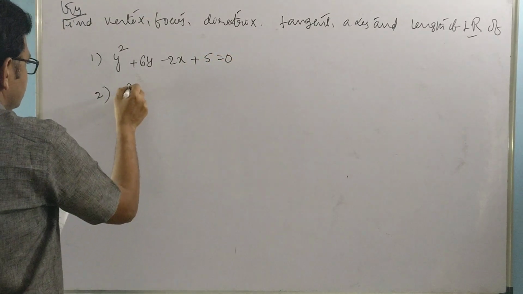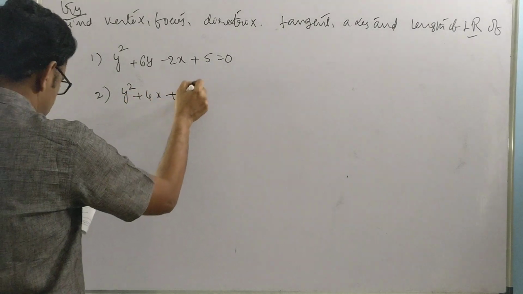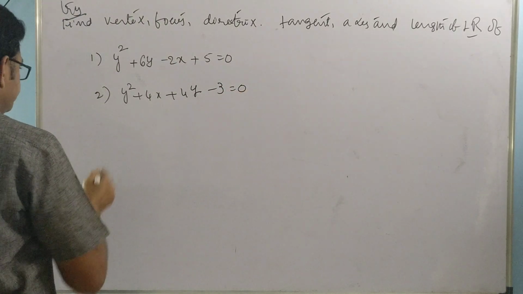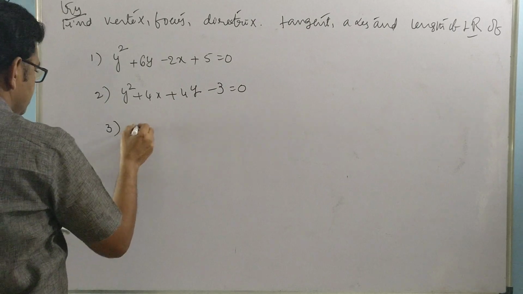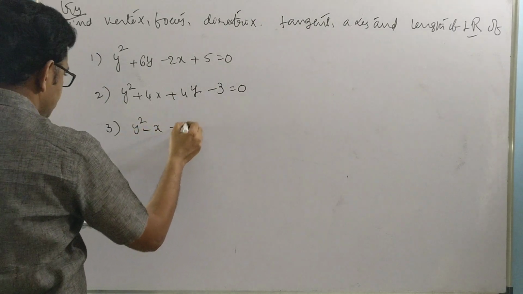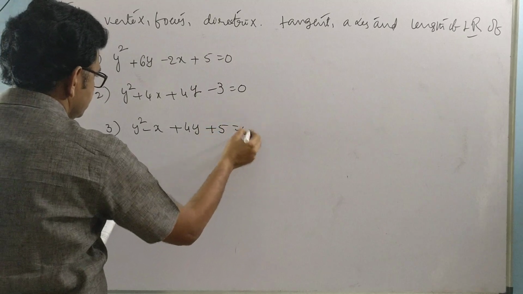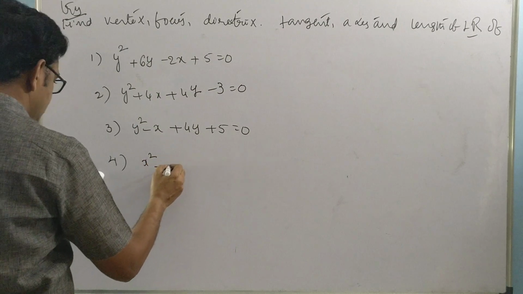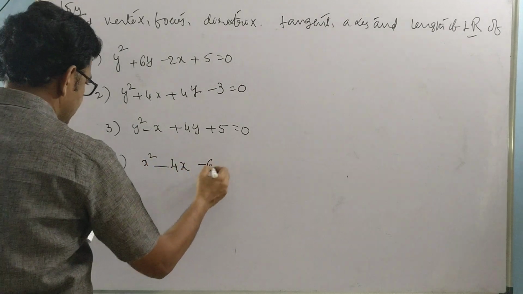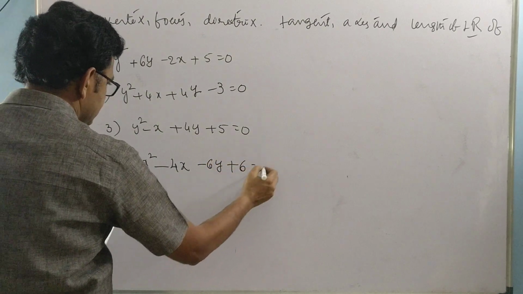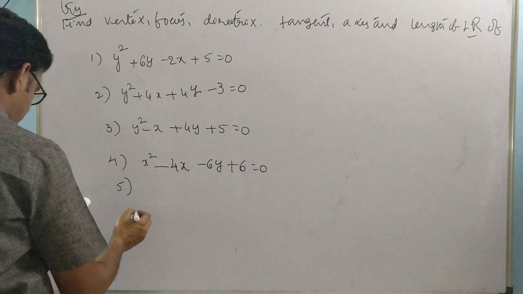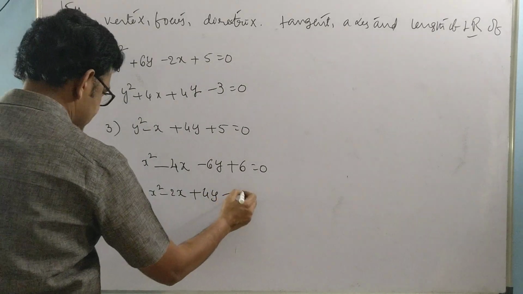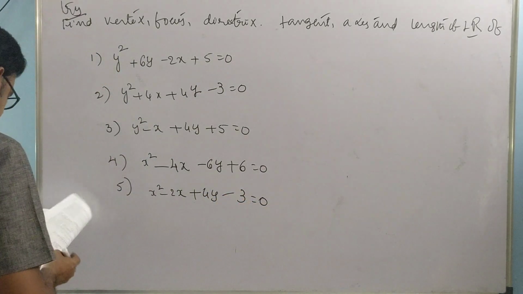Second one, y square plus 4x plus 4y minus 3 equal to 0. Third one, y square minus x plus 4y plus 5 equal to 0. X square minus 4x minus 6y plus 6 equal to 0. Next one, x square minus 2x plus 4y minus 3 equal to 0.